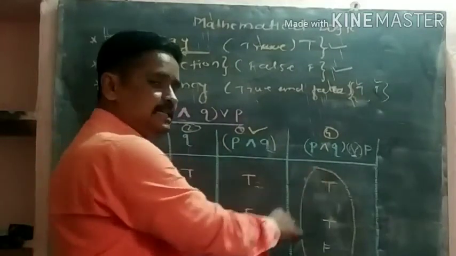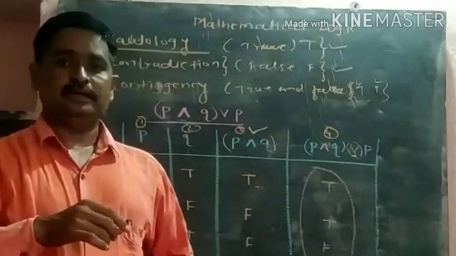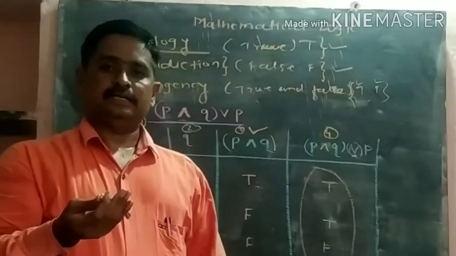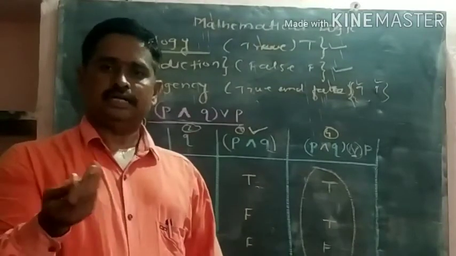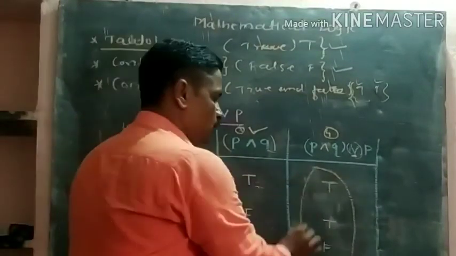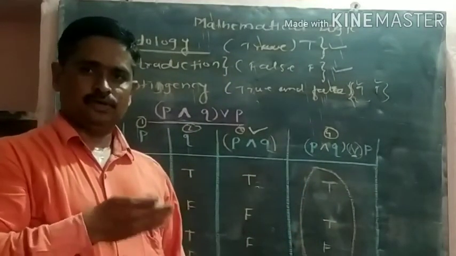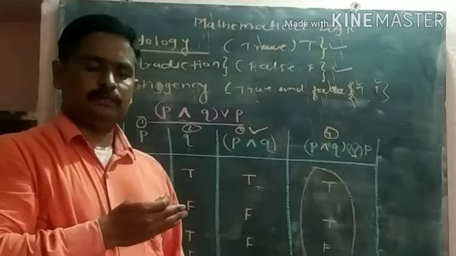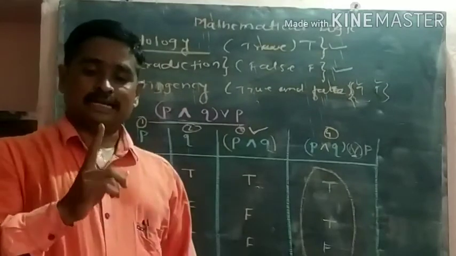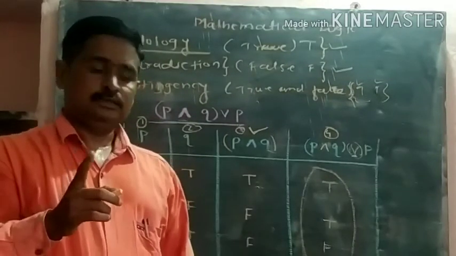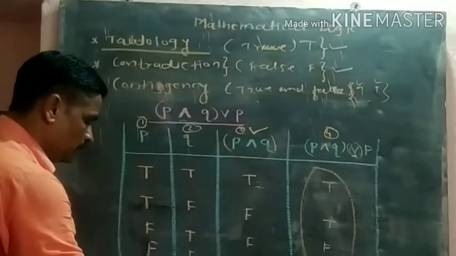So it is the basic idea to verify the given statement pattern. Whenever we construct a truth table, we have to write a conclusion. So lastly we conclude that.